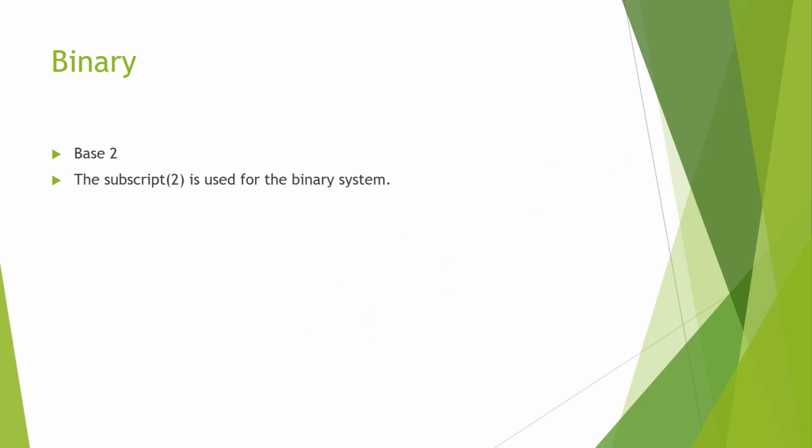And then the other number system that we have is the binary, and as the prefix bi means 2, these are numbers of base 2. A subscript of 2 is used for binary. In base 2, we only have 2 inputs, that is 0 and 1.